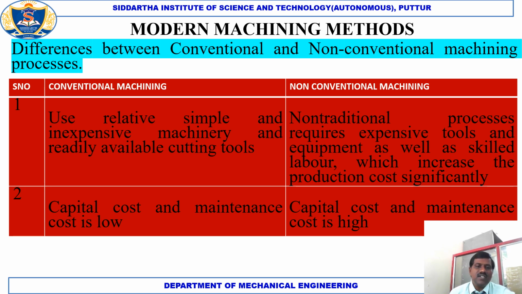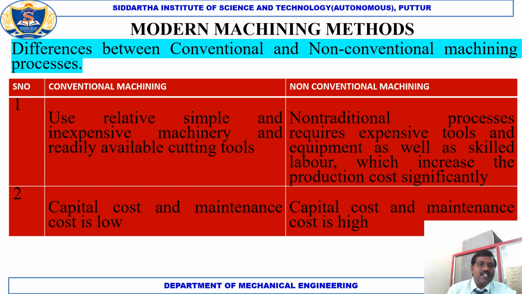In the conventional machining process, as there is inexpensive machinery and readily available cutting tools, and unskilled labor can also run these machines, the production cost is less. But in the non-conventional machining process, the production cost is high because of these expensive tools, machinery, and labor is also required.